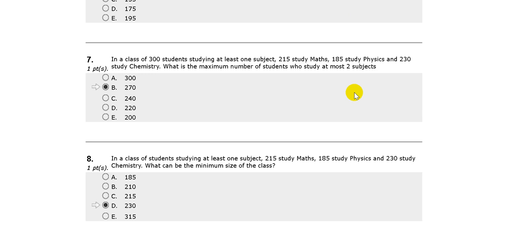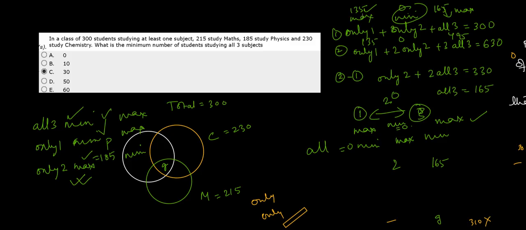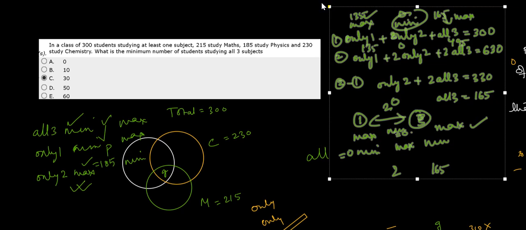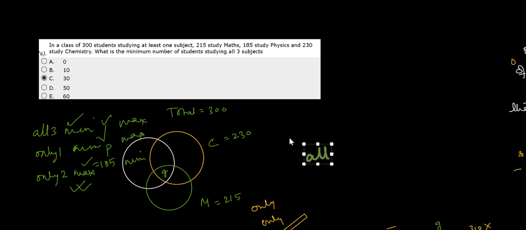Now this one is a little tricky. At most two means not more than two. What do you mean by at most two? Max 2. It will not include all three subjects.